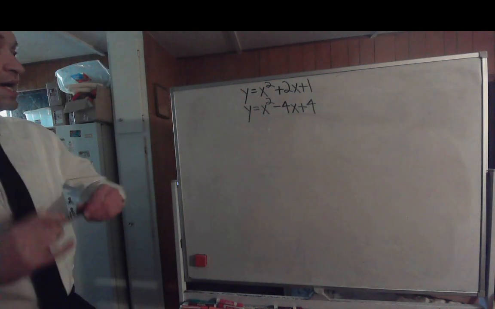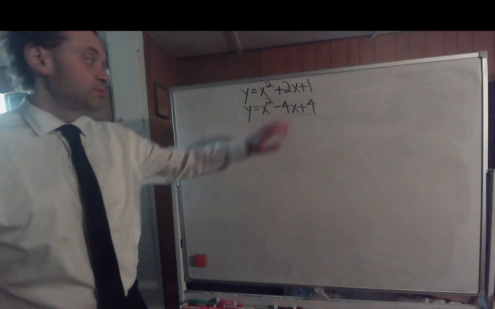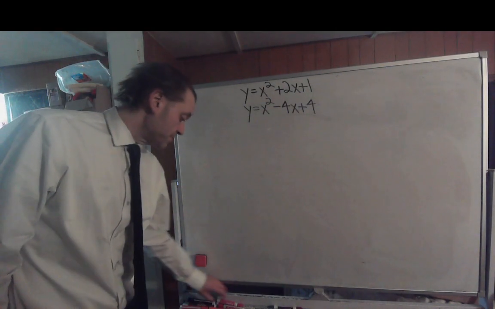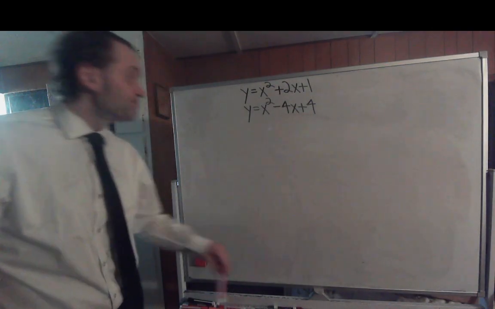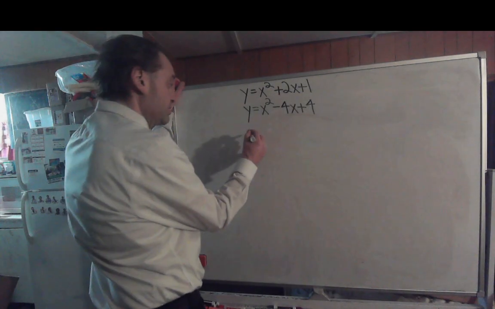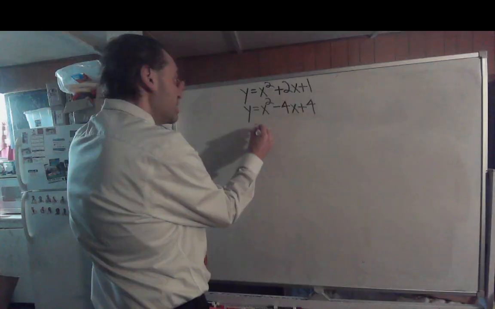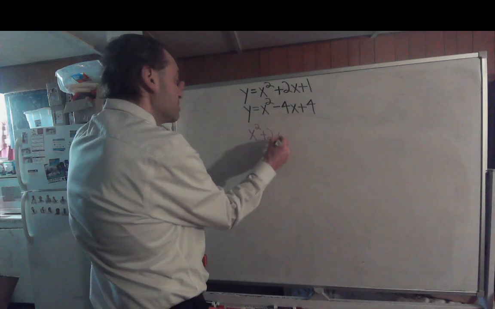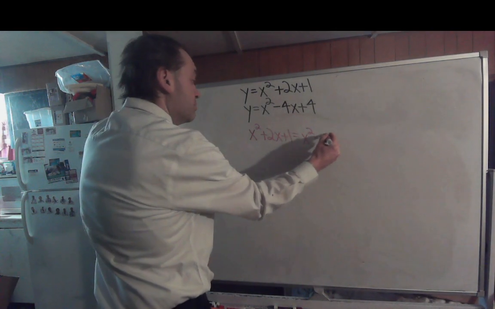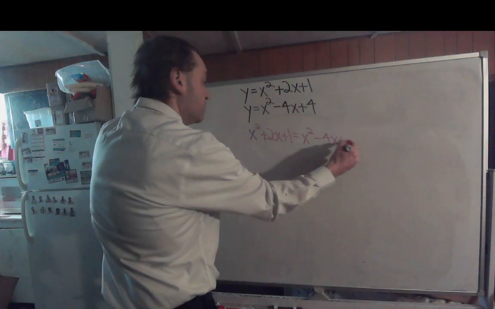So you got y equals x squared plus 2x plus 1 and y equals x squared minus 4x plus 4. Well, definitely again take one equation, set it equal to the other. So x squared plus 2x plus 1 would equal x squared minus 4x plus 4.